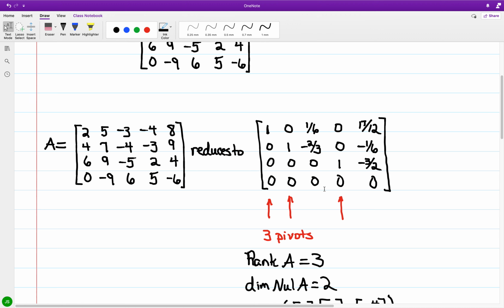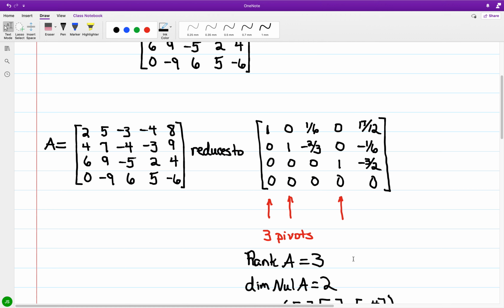If you notice, the ones belong in the first, second, and fourth columns, and those are the 3 pivots in the reduced echelon form. Since we have 3 pivots, that is the rank of this matrix.